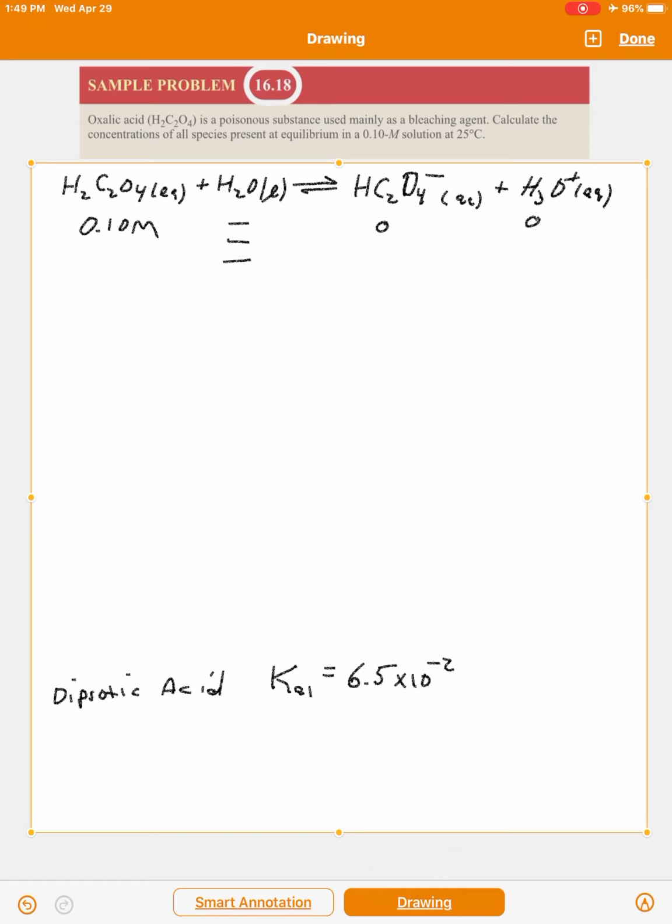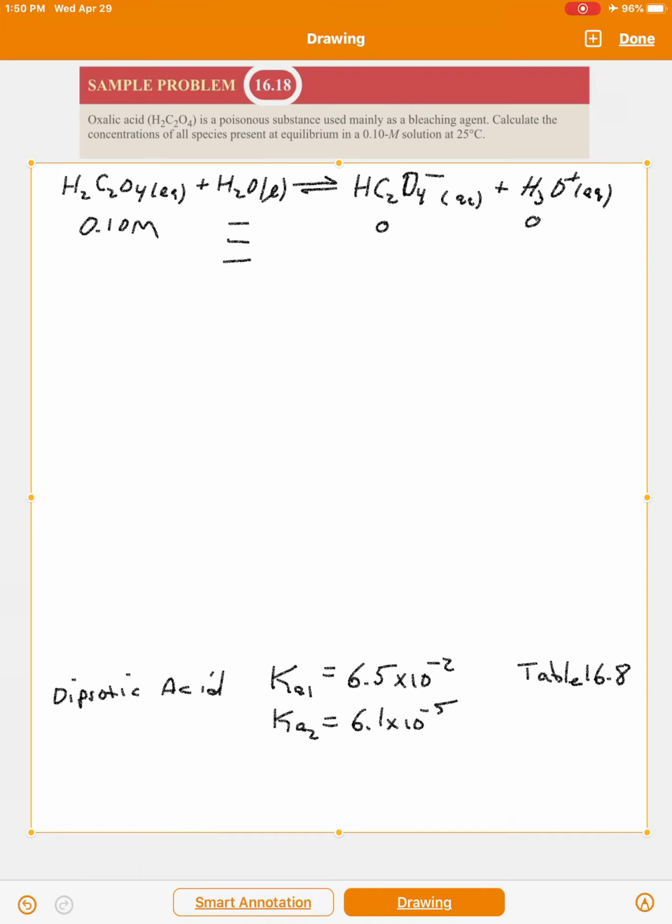I got that from table 16.8. But because it's a diprotic acid, it also has a second Ka, so we'll call that Ka2, the second hydrogen. And its value will be different than the first. Its value for Ka2 is 6.1 times 10 to the minus 5.